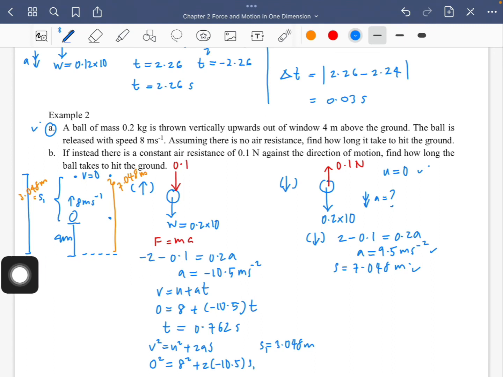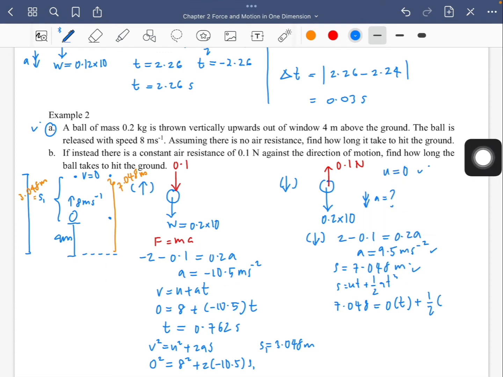For that case, we use S equals ut plus half at squared. So S, of course, 7.048, equals the initial velocity at the maximum height, which is 0, times T, the thing we need to find, plus half of the acceleration going downward, 9.5 meters per second squared, multiplied by T squared.